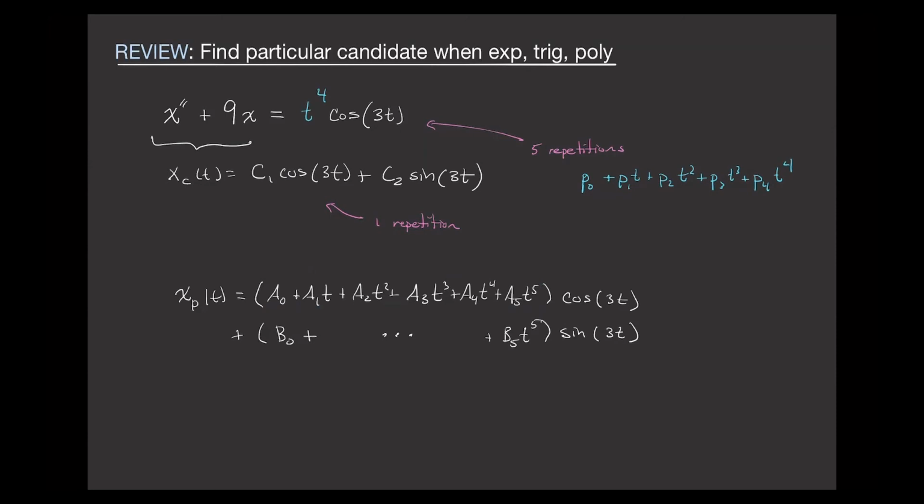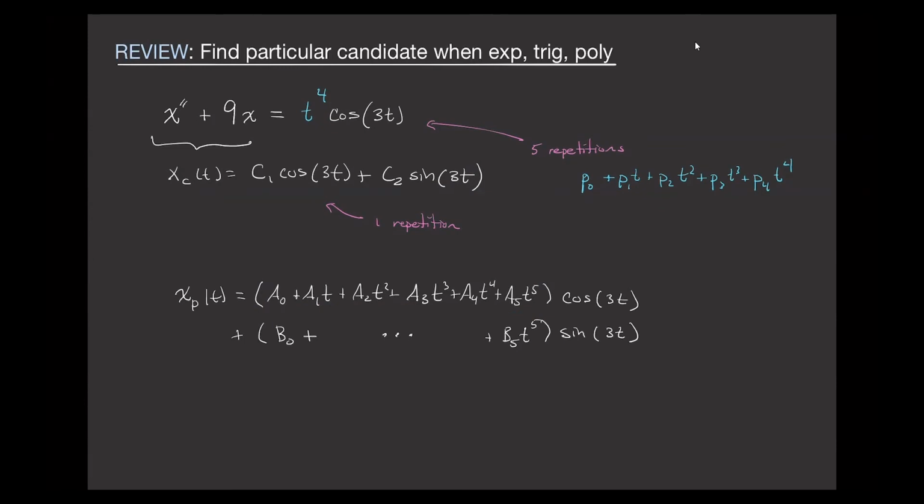So yeah, you look at the number of repetitions for each, and then you combine the repetitions between this part, which is the non-homogeneous part, and the complementary solution. Combine those 2 repetitions, we get 6, and that's the polynomial that you multiply by here, where 6 is the number of terms. So 5 plus 1 is 6. So we get 6 terms, which will take us to a 5th degree.